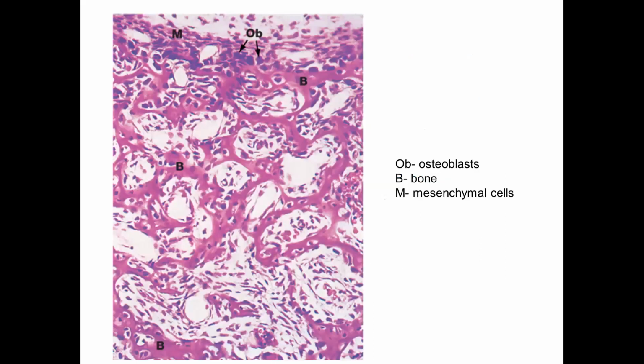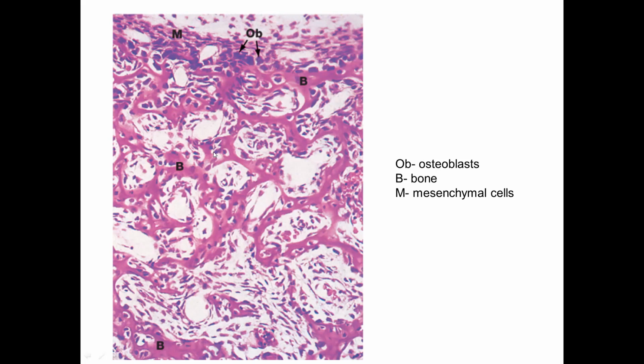This is a micrograph, an H&E section, showing you the different sites of ossification. In pink, you get the newly laid down bone and you see the mesenchymal cells in the periphery. So the mesenchymal cells form the scaffolding and the osteoblasts are formed, and osteoblasts lay down or produce the bone matrix and then get trapped within the bone matrix when the bone matrix calcifies.